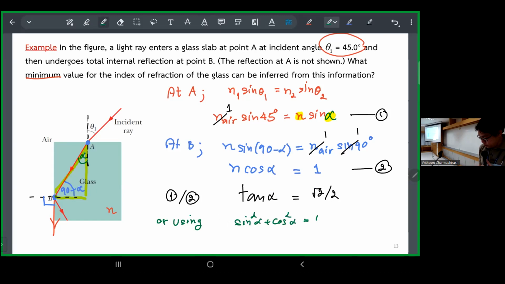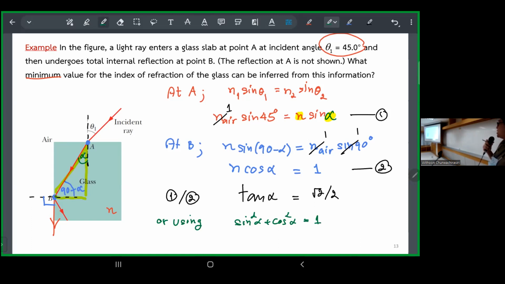If you want to bypass the alpha calculation, you don't want to punch the calculator, you can just say sine of alpha is sine 45 over n, plug it in. I know cosine of alpha from this equation is 1 over n, you plug it in, and then you can solve for n this way as well. Either way, it's just two equations, two unknowns, whatever you like, it's fine.